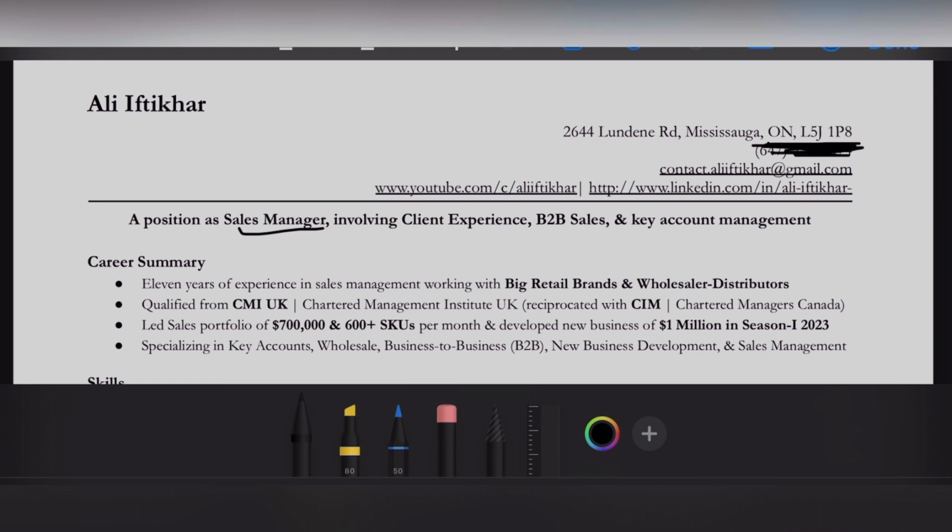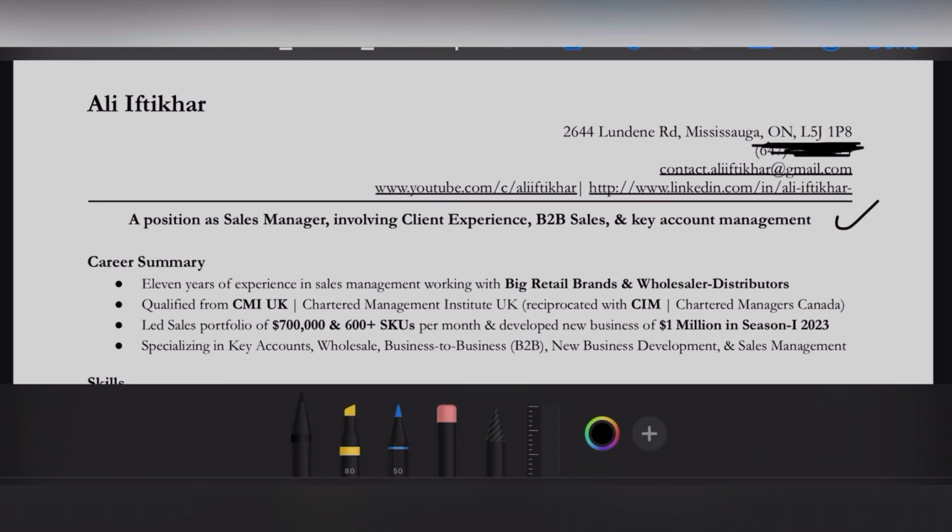So when you're not sure which particular position you're applying for, this is a simple hack: you can write a position as sales manager involving client experience, B2B sales, and key account management. So you can just put a heading like this. Otherwise, you can simply write here the exact position.